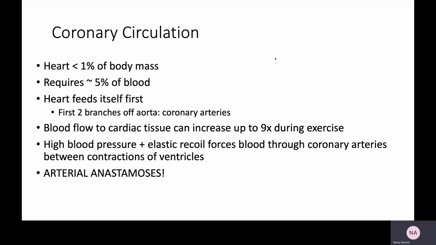So it's kind of like a reroute or another route. Another route is probably a better term to use to provide tissue with sufficient blood supply. Having an arterial anastomosis to supply the heart is extremely important because you want your heart to keep pumping no matter what.